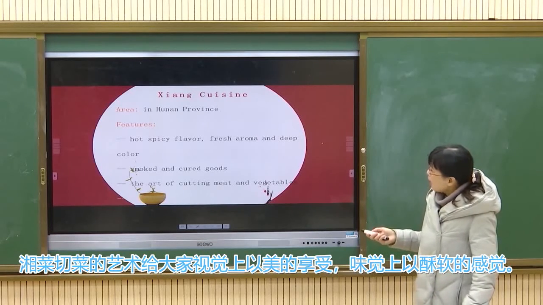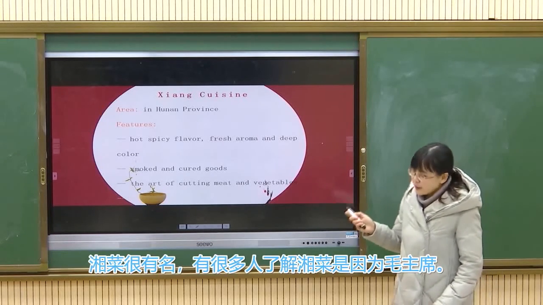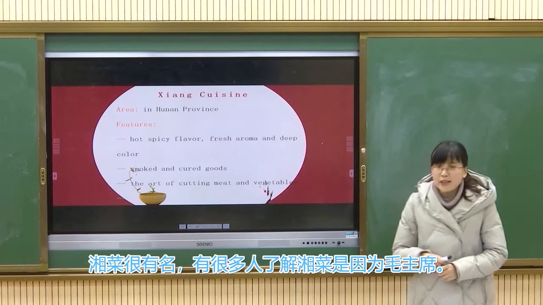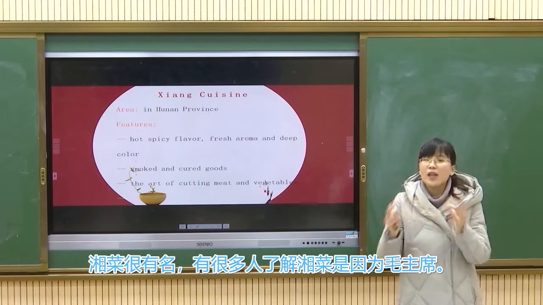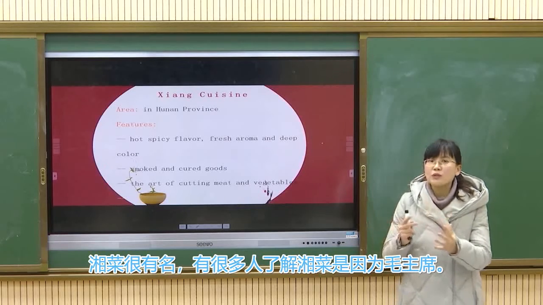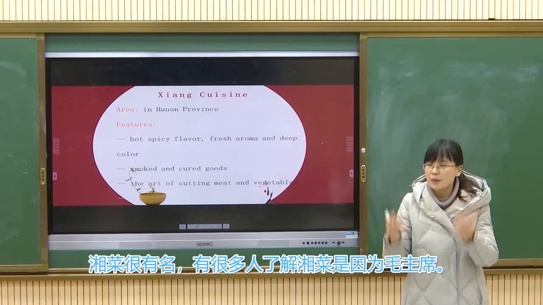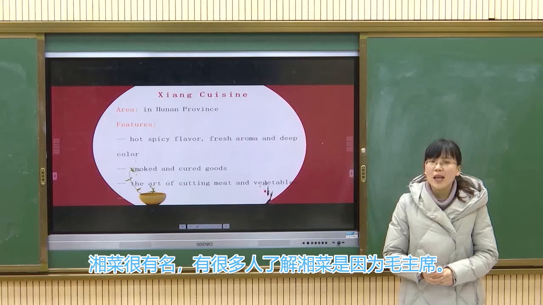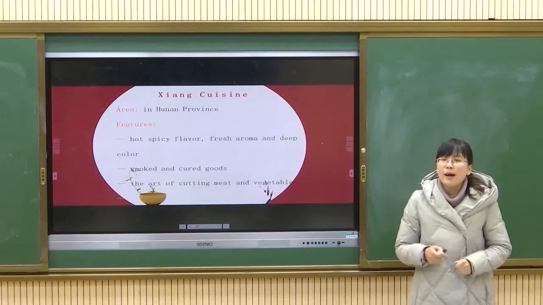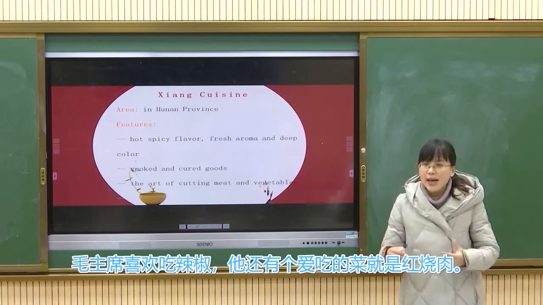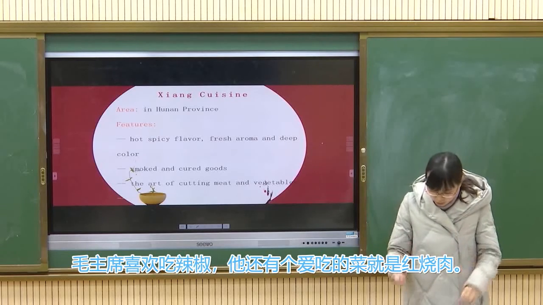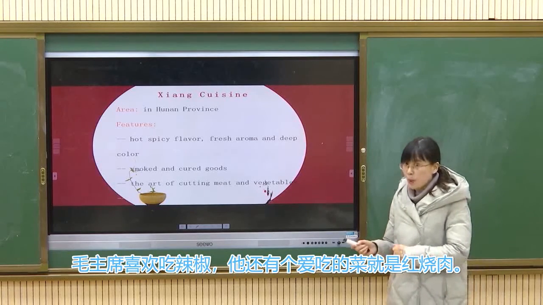And we say Xiang cuisine is famous, and many people know Xiang cuisine because of famous people, because of big man, that is Chairman Mao. Chairman Mao loved pepper, and there is another dish that is red cooked pork.